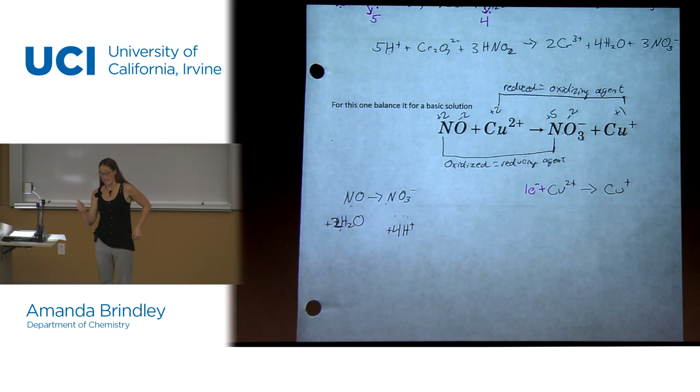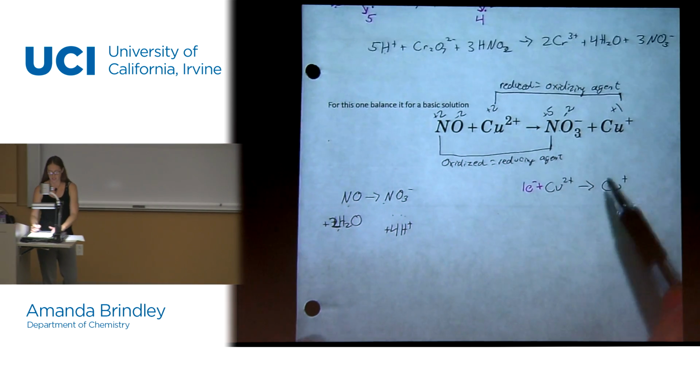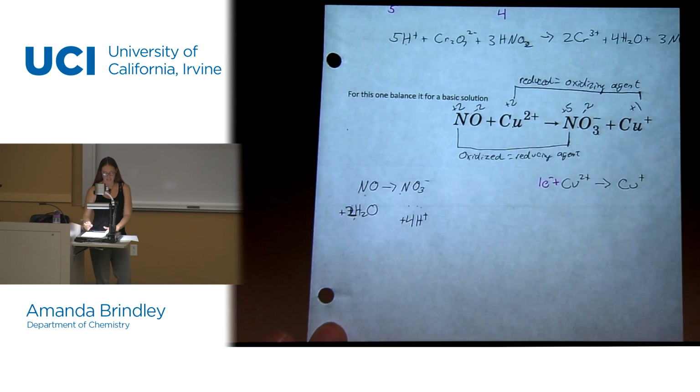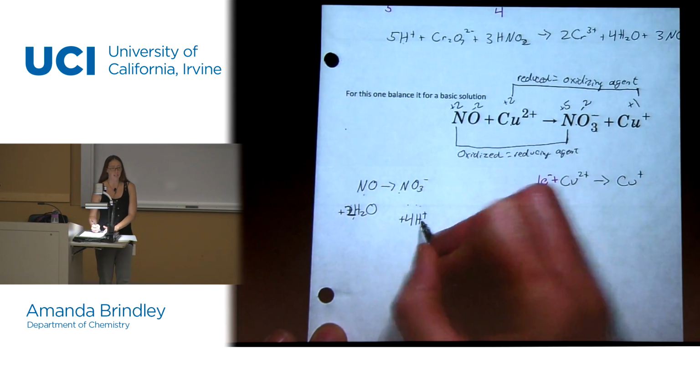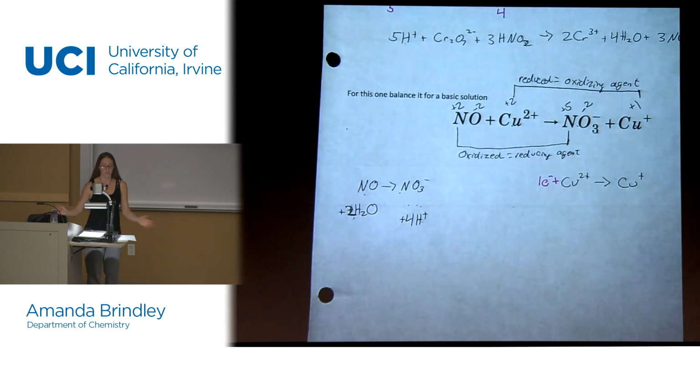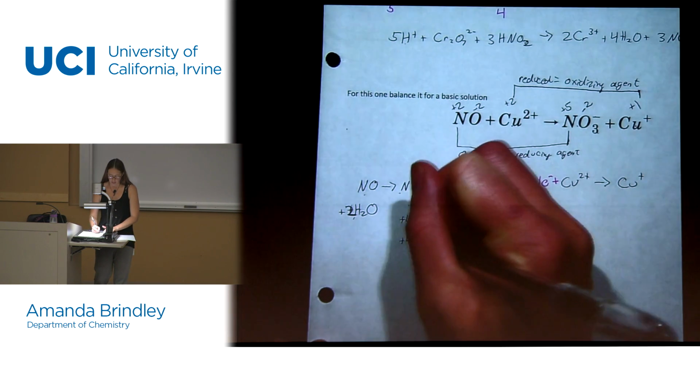You can do this at any step. A lot of times it's really nice to do it after you've actually combined everything together. In this case, because this reaction isn't going to do much, I'm going to add it here. So I have 4 hydrogens. I don't want any hydrogens left over, so I'm going to add 4 hydroxides.